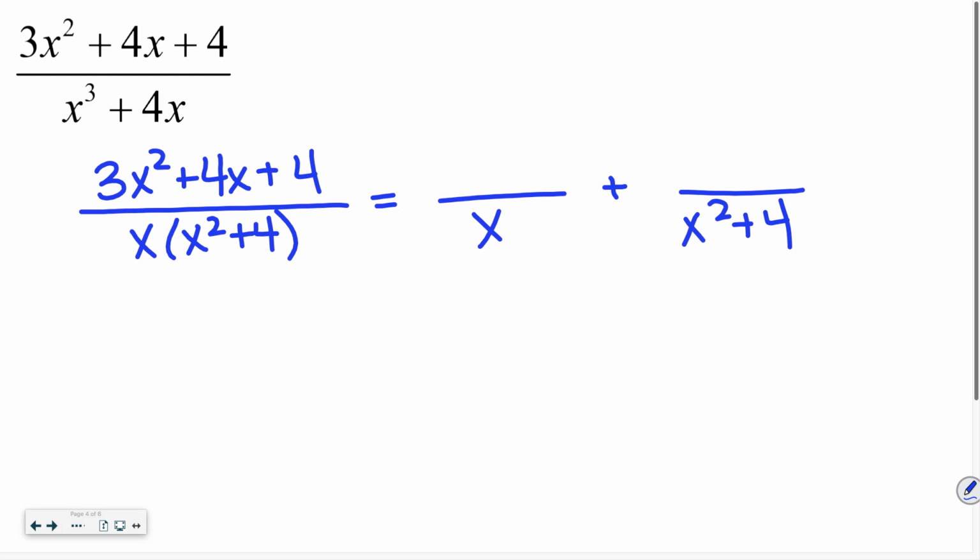Since x is linear, we're going to put a constant at the top. But when we have a quadratic factor, I told you that you need a linear numerator. Basically, whatever the degree is, one less goes up top.